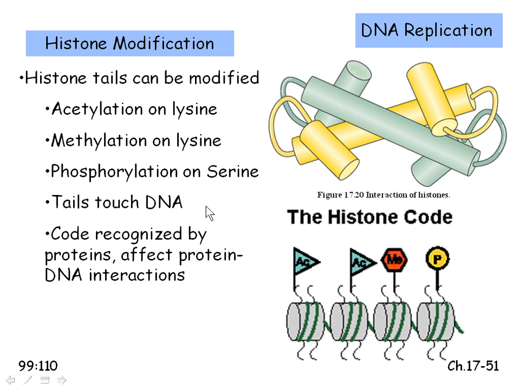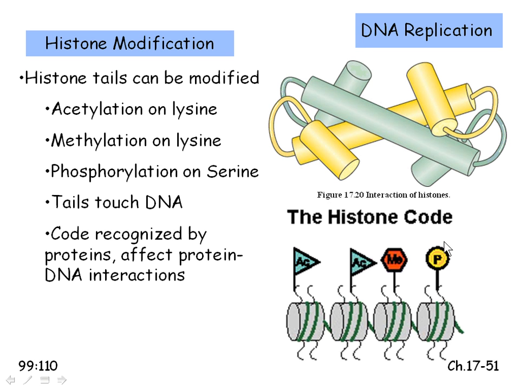Serines can have phosphates added on. Phosphorylation can occur on those serines. And those tails touching the DNA affect what happens at the DNA that's right next to it. Basically, these modifications can be recognized by certain proteins or not recognized by proteins to affect the protein-DNA interactions.